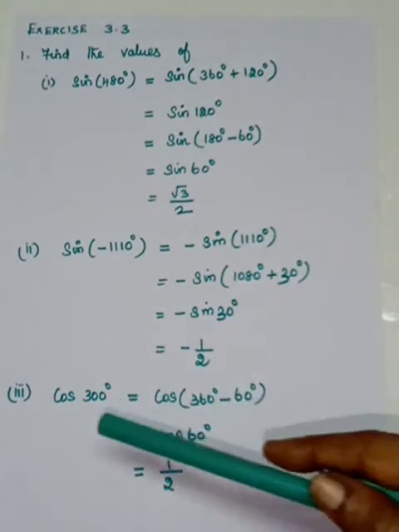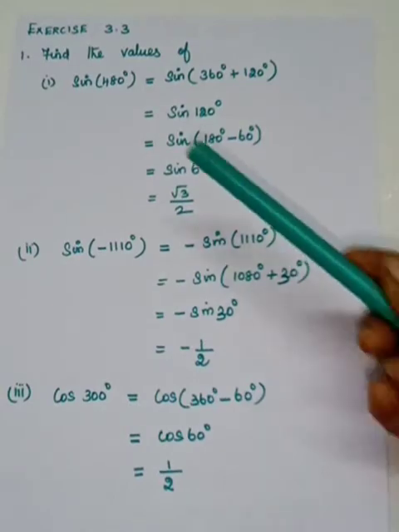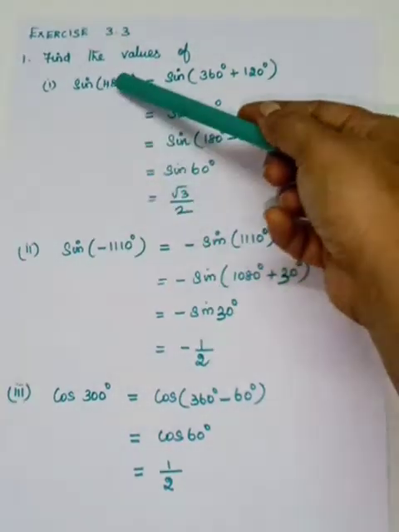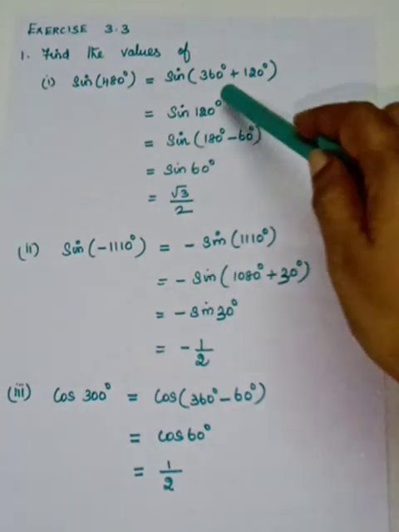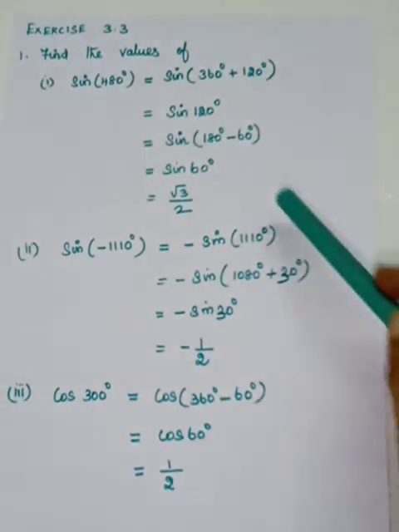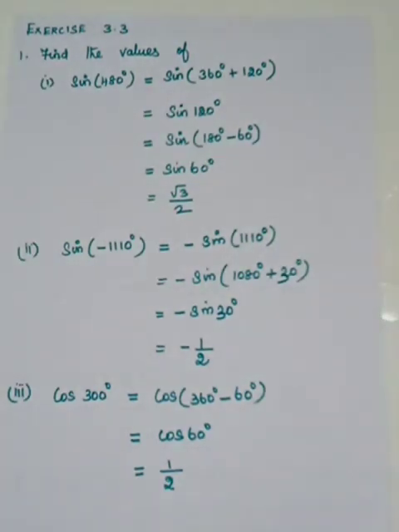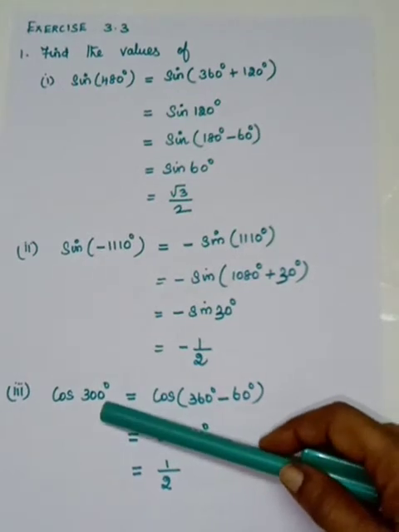Okay, so cos 300. What you have to do? It is less than 360. For these two angles, it was more than 360, so after making complete rotations, we considered the remaining angles, then we split the angle in the form of 180 degree minus theta. But here it is 300, it is less than 360.